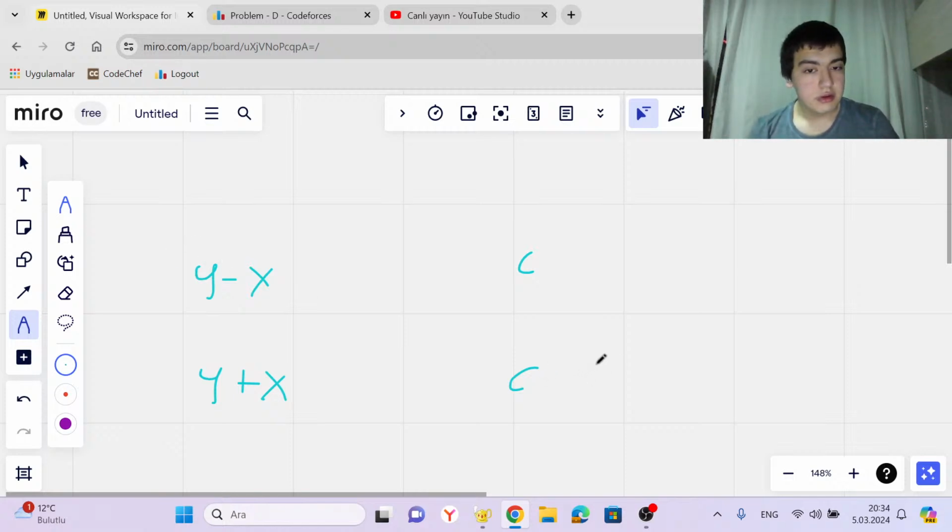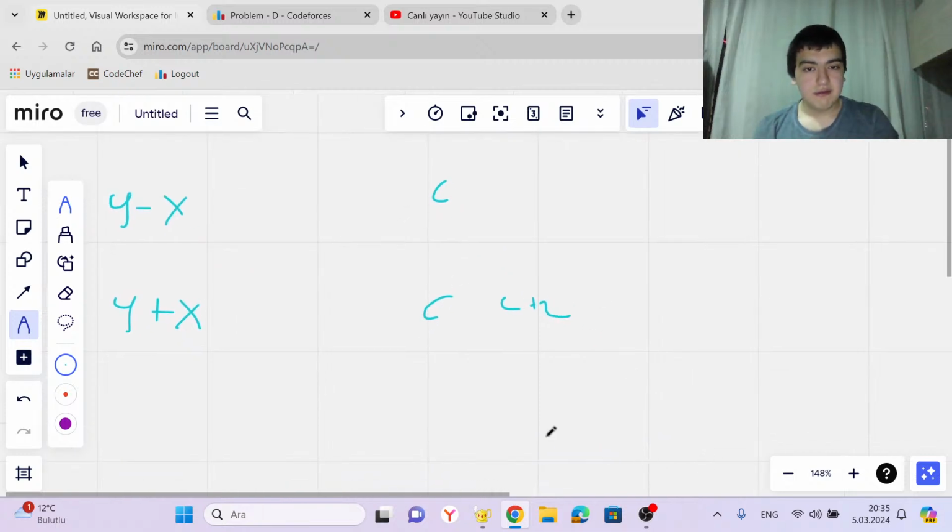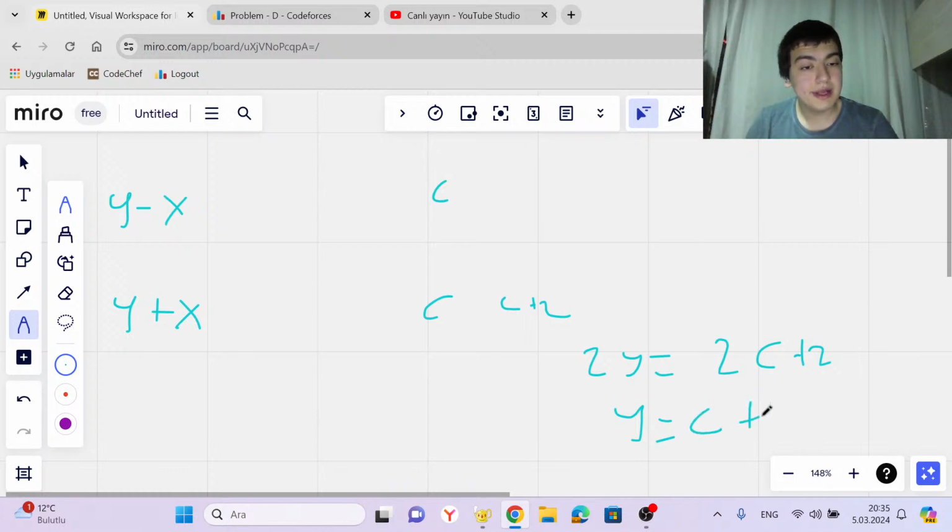If we choose c plus 2, their sum will be 2c plus 2, and 2y is equal to this value, so y will be equal to c plus 1.